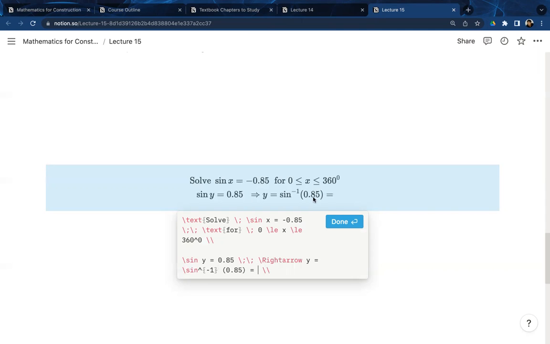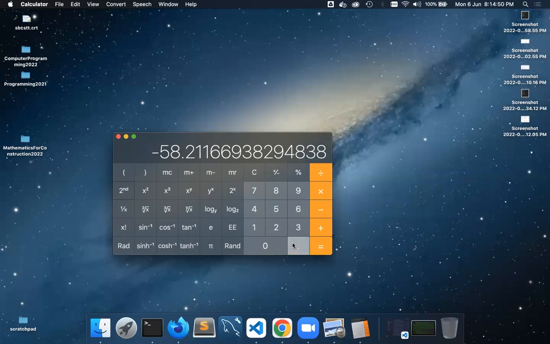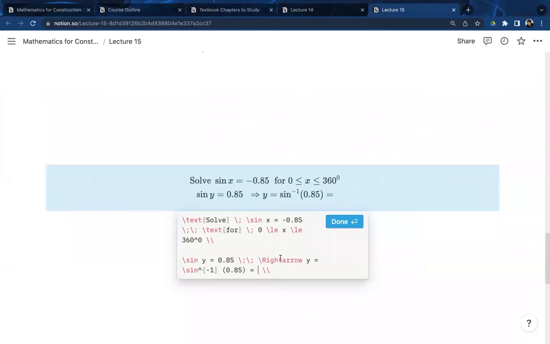We find the sine inverse at the positive angle because we want the principal value, right? So we say 0.85 and second function sine. This is 58.21 degrees.